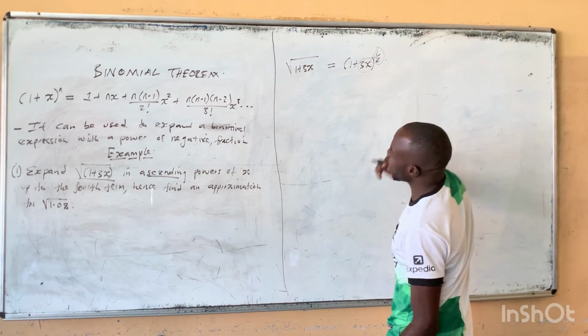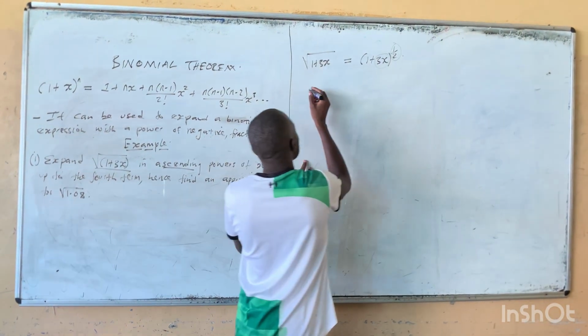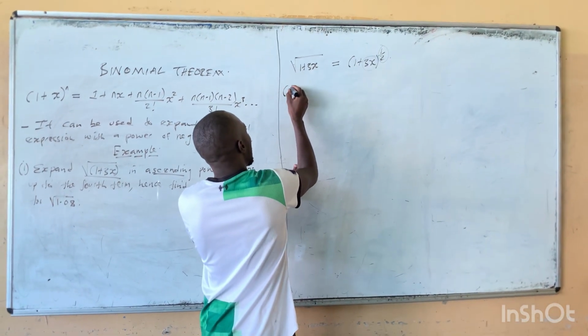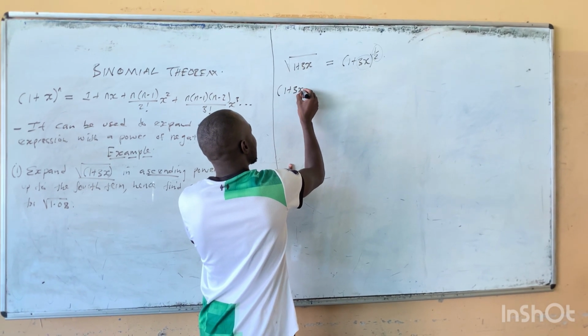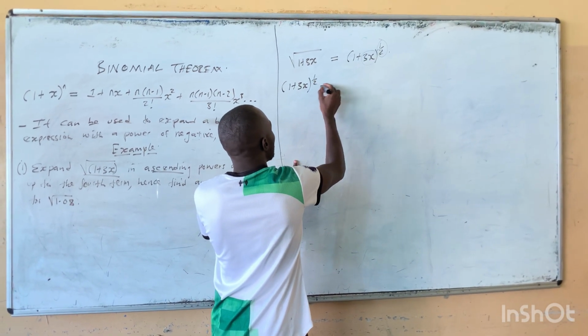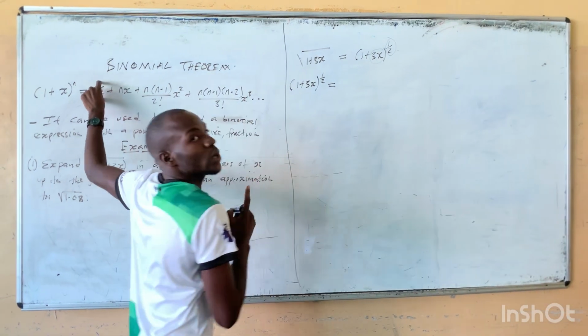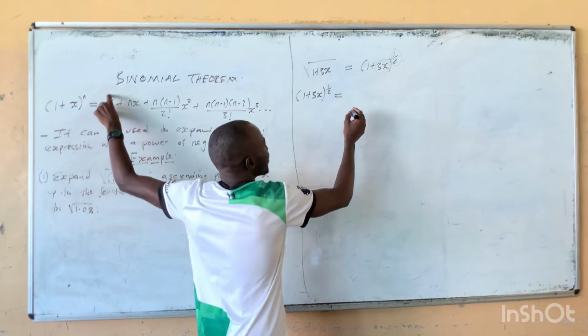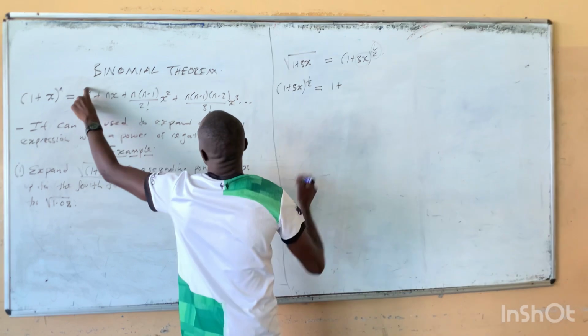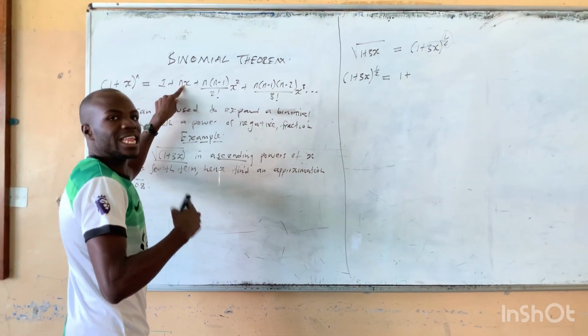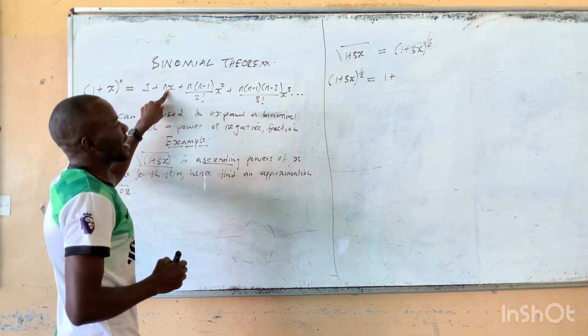Now, what are we going to do to expand this? 1 plus 3x raised to the power 1/2 will be equal to, you get 1 the way it is, plus n, which is the power.